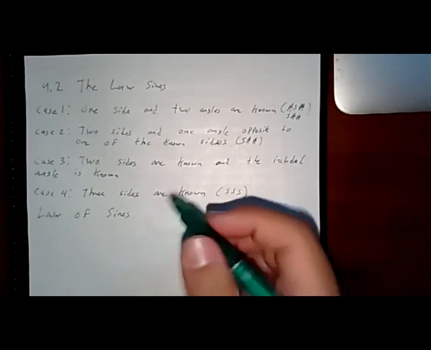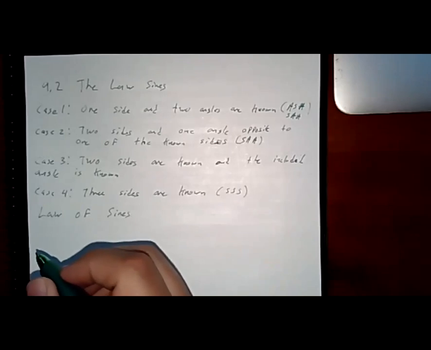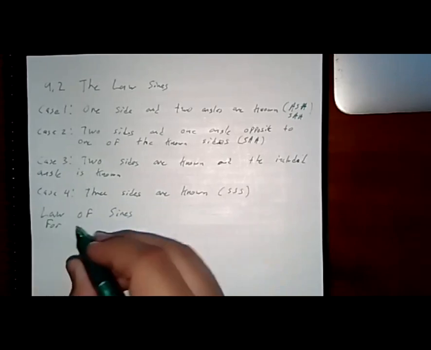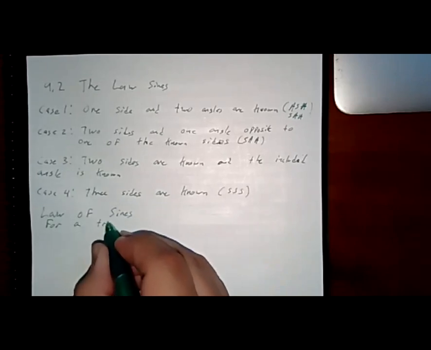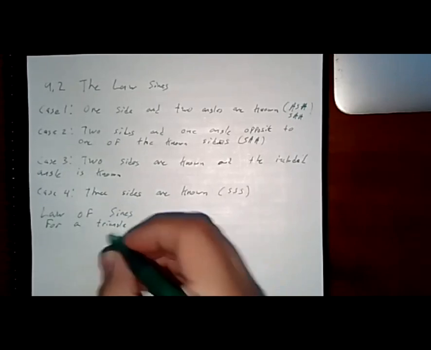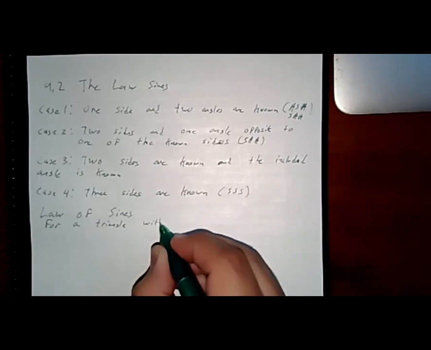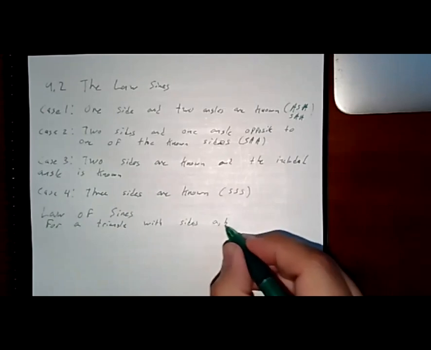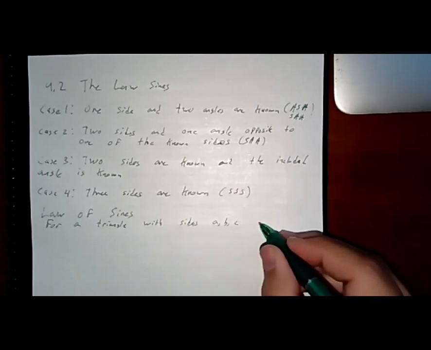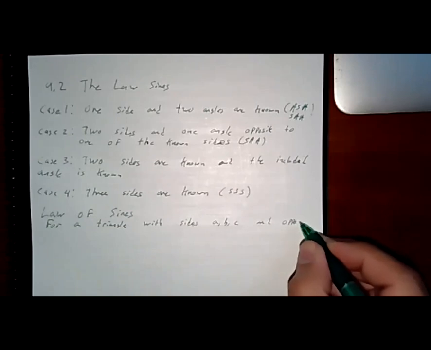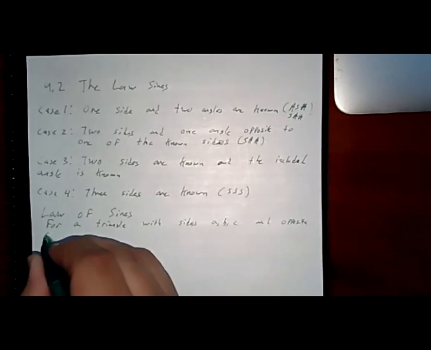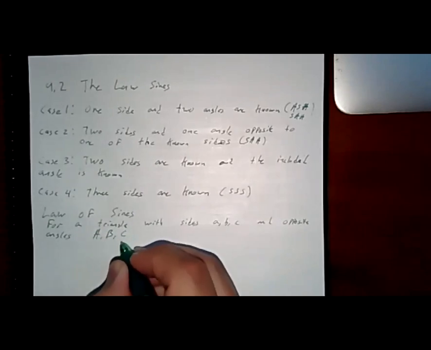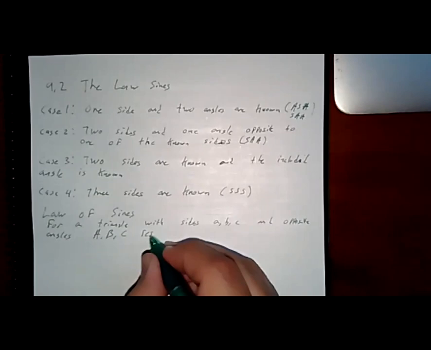All right, so law of sines. Here's the idea and the theory. For a triangle with sides a, b, c, and opposite angles capital A, B, and C, respectively.